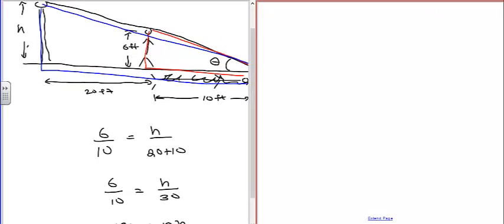The other way would be to say, the tangent of theta is the opposite over the adjacent. And what we do is, for this small triangle, the opposite is 6 and the adjacent is 10.